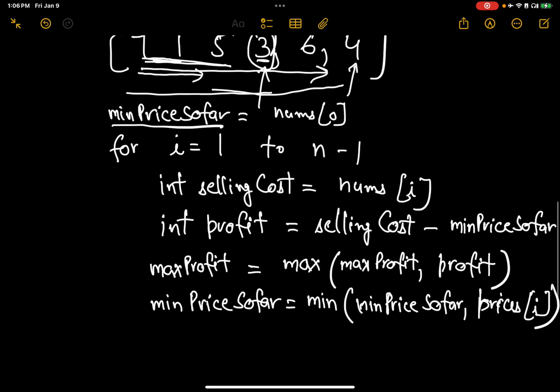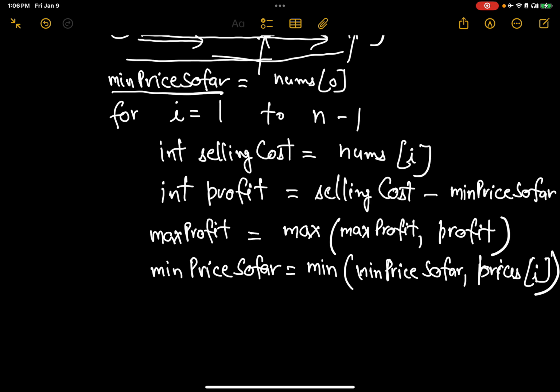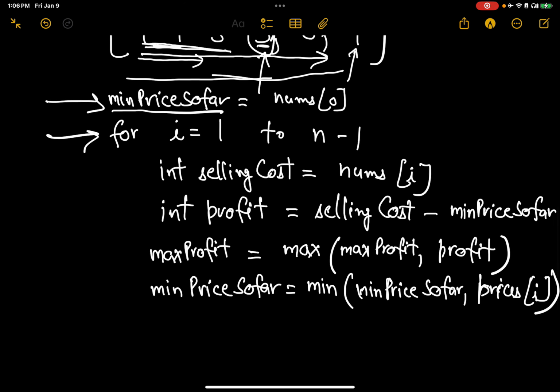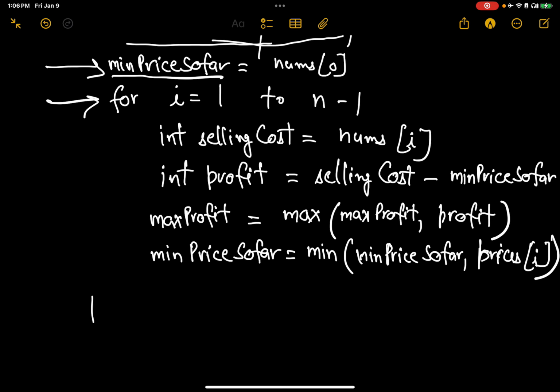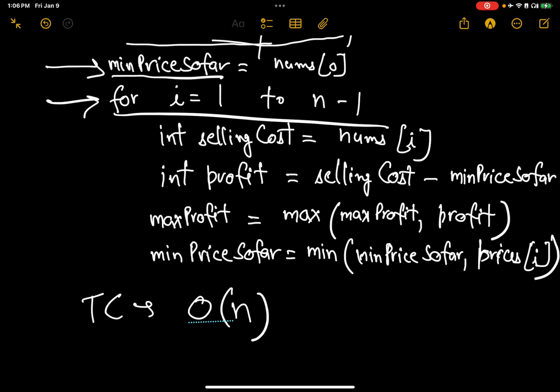Okay. So in this way, you will be running just a single loop and you will be tracking the minimum price for a stock where you can buy. So the time complexity here would be O of n as you are just running a single loop, and the space complexity would be O of 1 as you are not using any extra space.